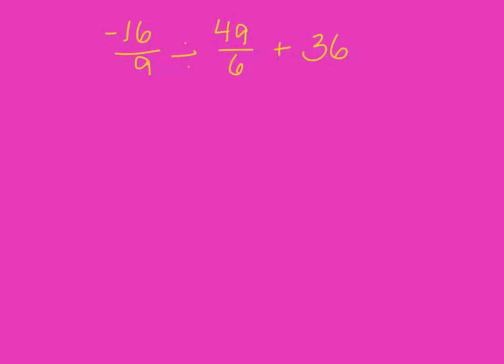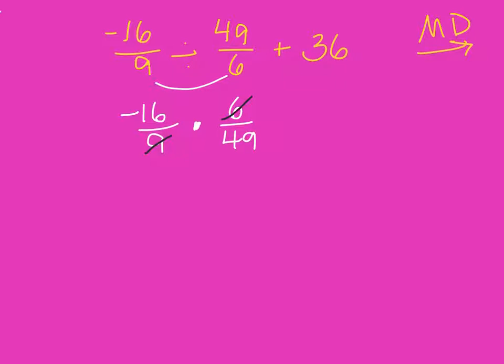So I'm still multiplying and dividing from left to right, and this is clearly division. So to divide, I get to do my math Macarena. Keep the first, flip the second, now you multiply. So before I multiply, though, I do want to look across from each other, and I notice that there's a common factor between 9 and 6, and that, of course, is 3. 6 divided by 3 is 2, and 9 divided by 3 is 3.